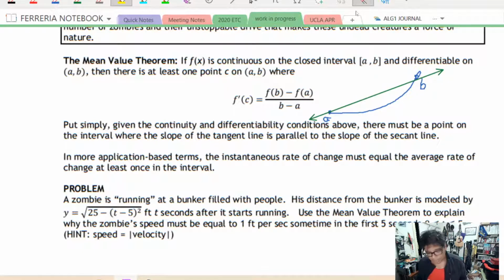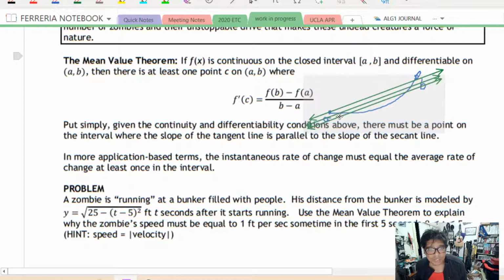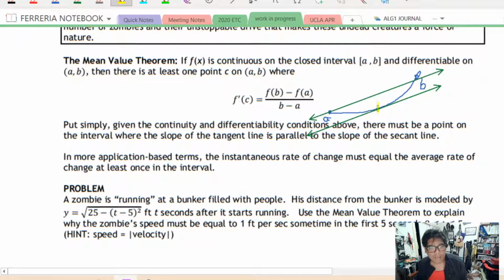So let's try to figure out where that place is. Now if I duplicate this secant line and slide it up and down, pretty soon I figure out right over here, this place has the exact same slope as the secant line. The tangent line right there has the same slope as the secant line.